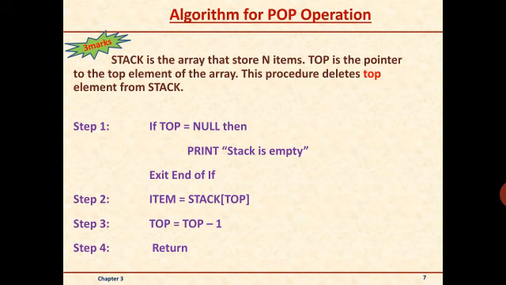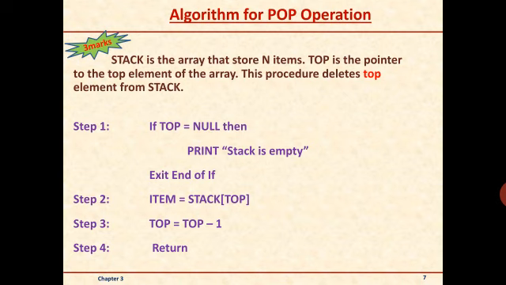Students, make sure that here it should be the value 0. Don't write it as null. If top value itself is 0, then the stack is empty, meaning the stack doesn't contain any items in it, hence it is empty. So exit from the stack and end of if.